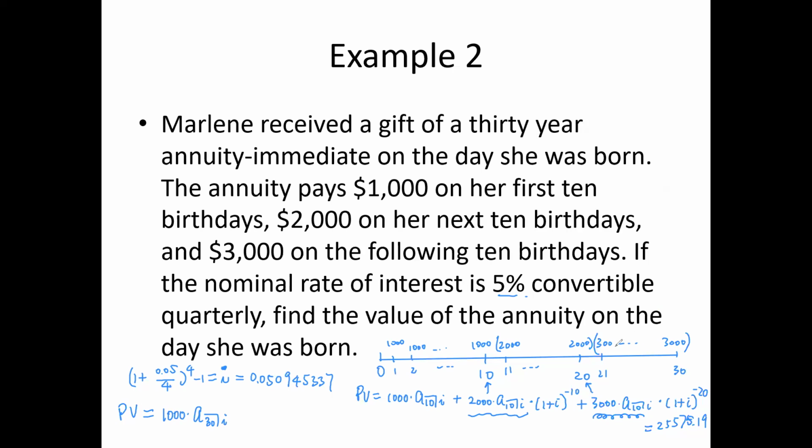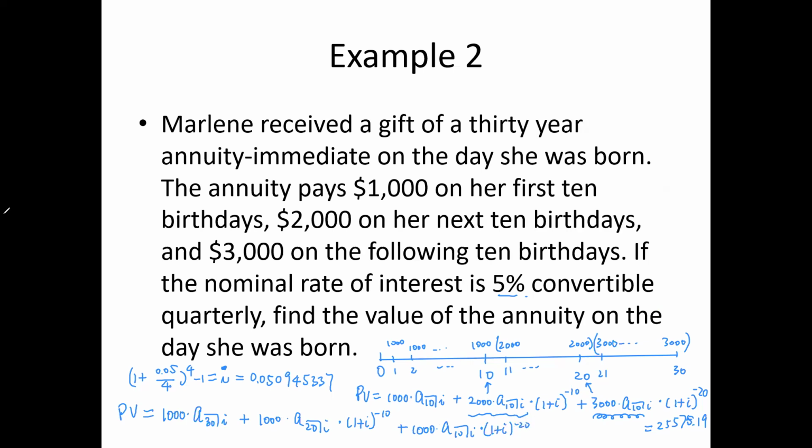Okay, I think I forgot i here. Then I deal with another 1000 times a sub 20 angle i, and then you multiply by 1 plus i to the negative 10. And finally, 1000 times a sub 10 angle i times 1 plus i to the negative 20.